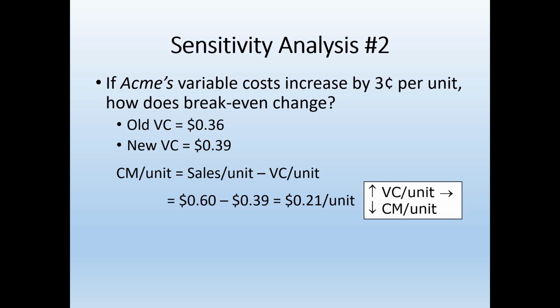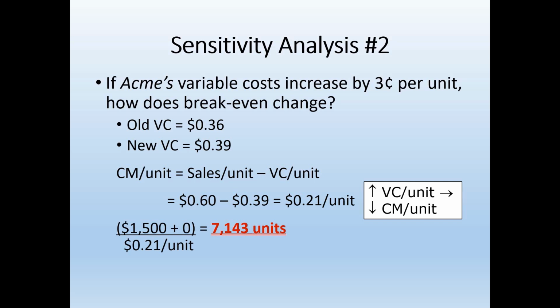In other words, because the sales revenue didn't change, but the variable cost per unit did, the contribution margin of each unit got smaller. Each unit had to give more of its sales revenue to the firm to cover its own variable costs, and that left less contribution margin to go toward covering fixed costs or target profit.